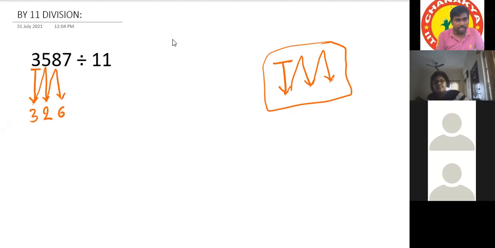Now 6 subtracted from 7 is 1. That's all. Our question is completed. 1 remains. Easy? Very easy, sir. Why is it 5 in place of 7? Sorry? In place of 7, if it is 5. Okay.